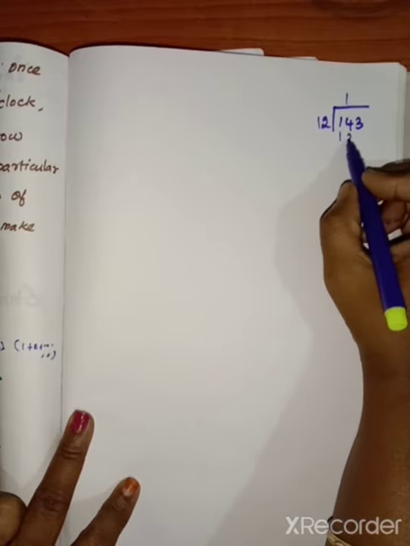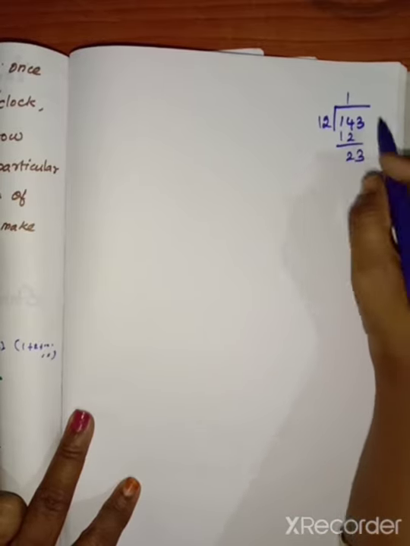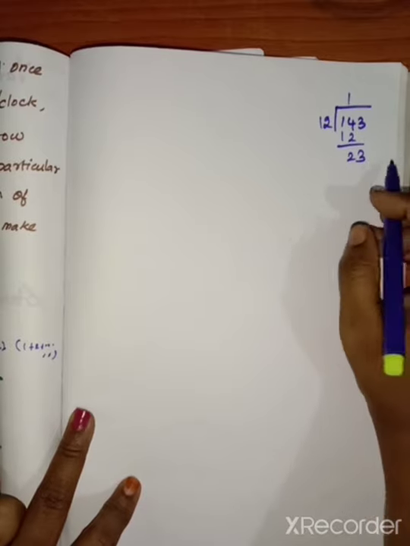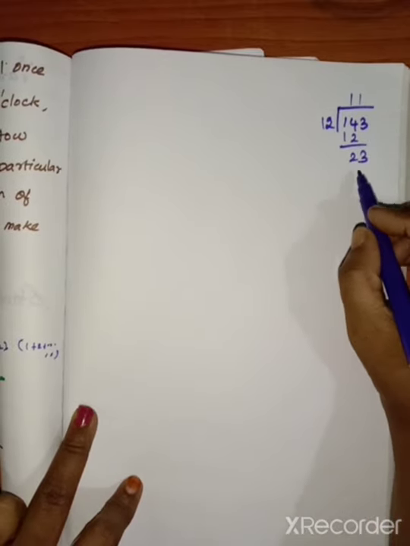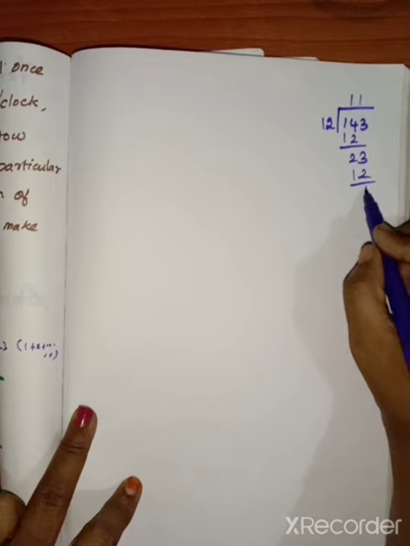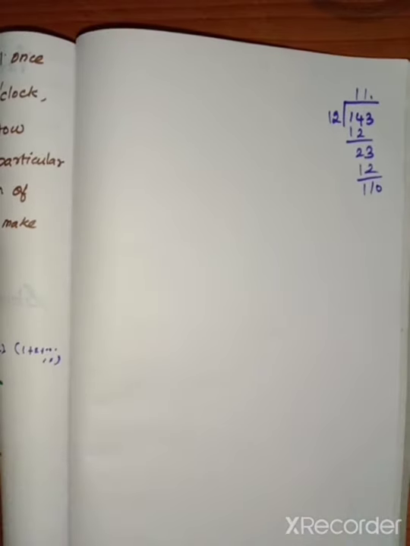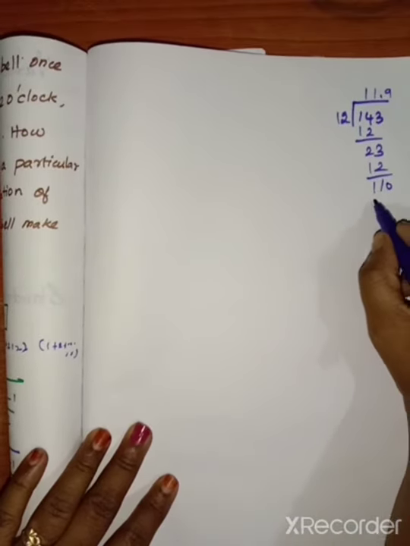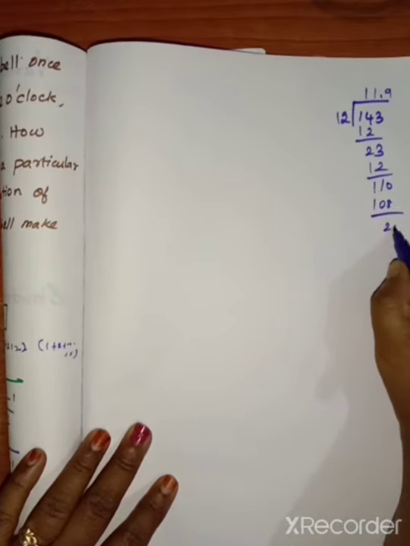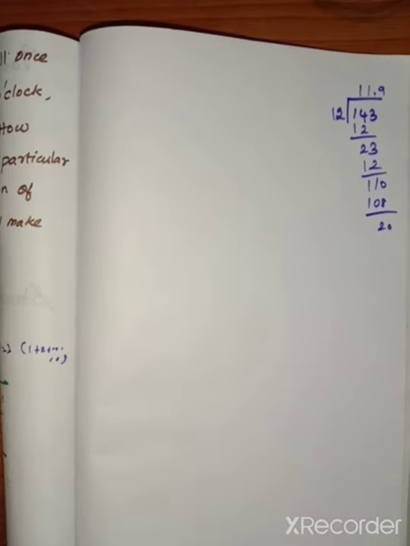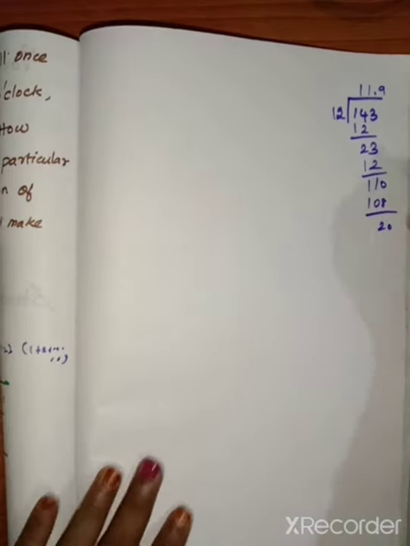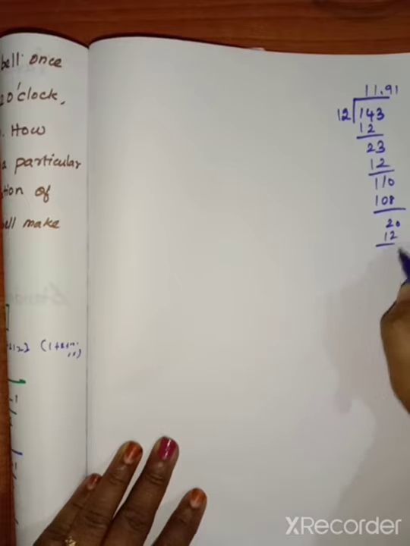So 12 ones are 12, remaining 23. Again 12 ones are 12, remaining 11. Keep the point, then 0. 9 times, because 9 12s are 108, remaining 2. Again 0, 12 ones are 12, again 8.